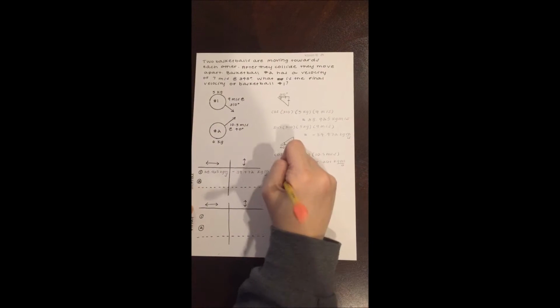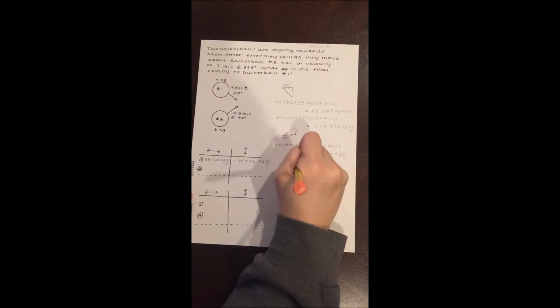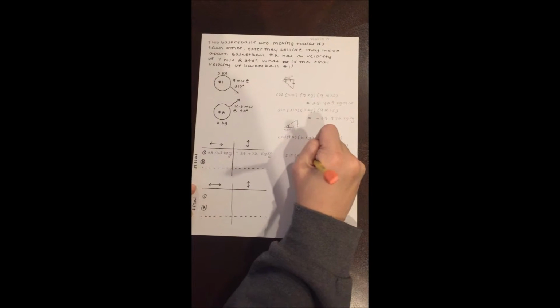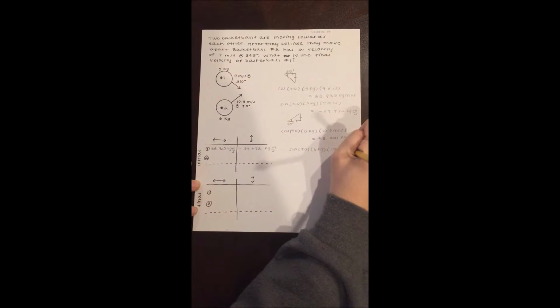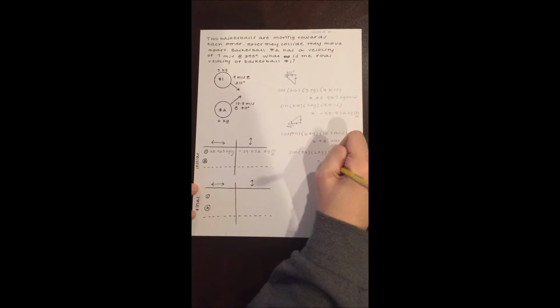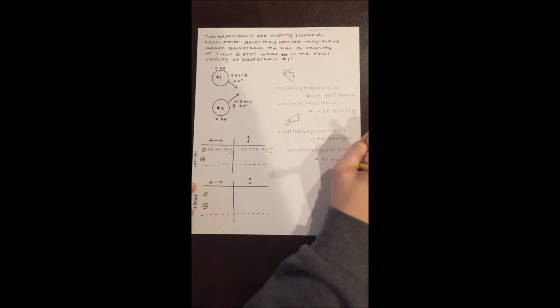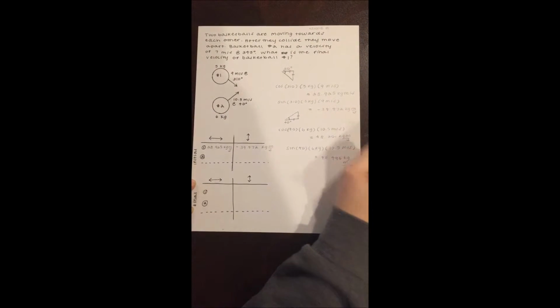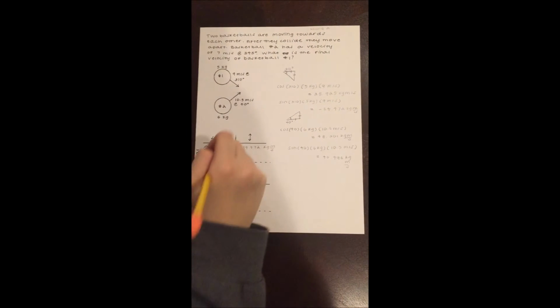And then same for the vertical, sine of 40 times the mass, 6 kilograms, times the velocity. We would get 40.496 kilogram meters per second. So we could plug those two numbers in over here.